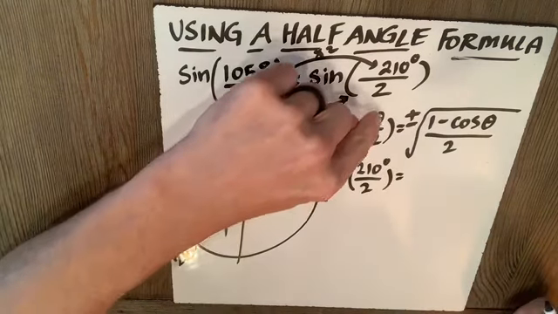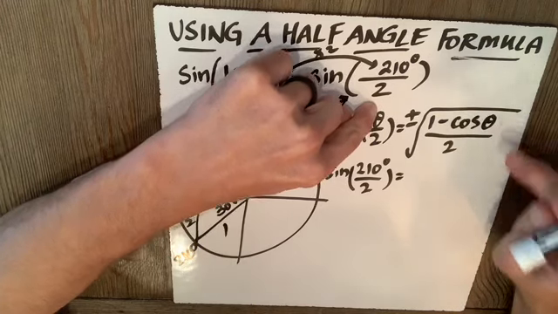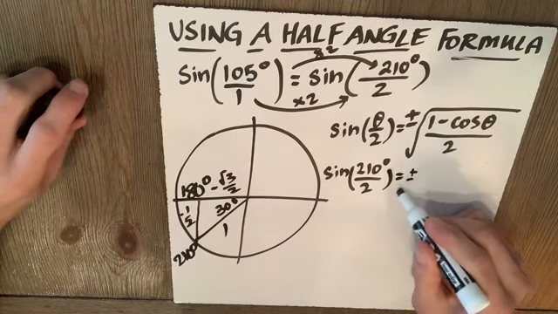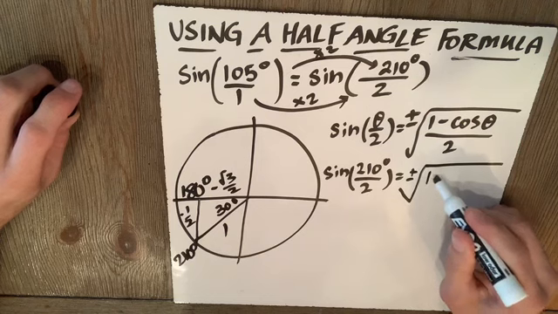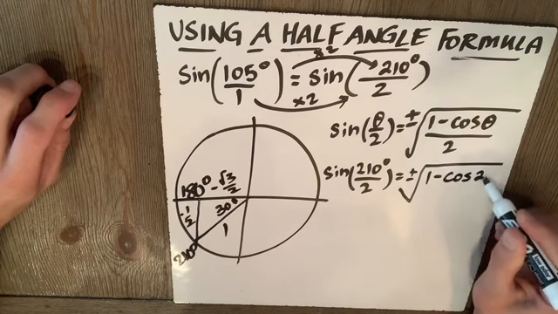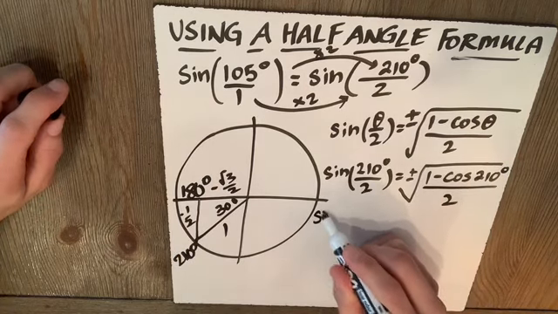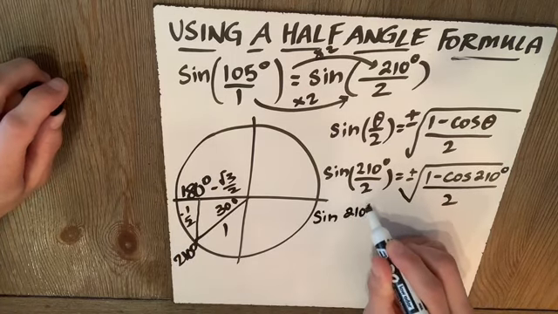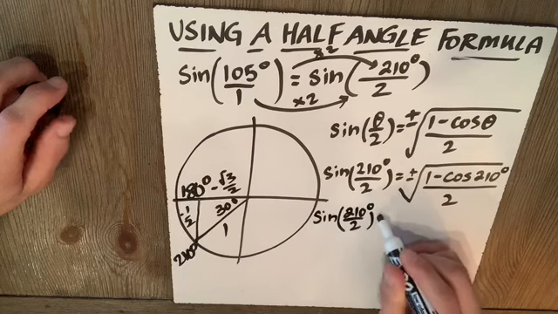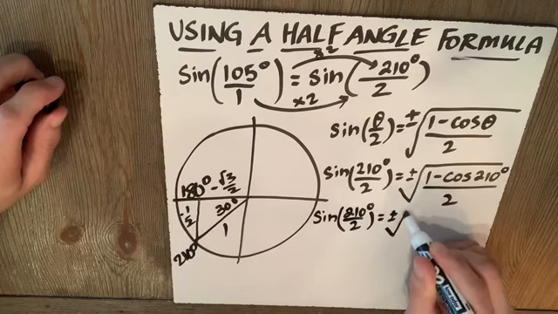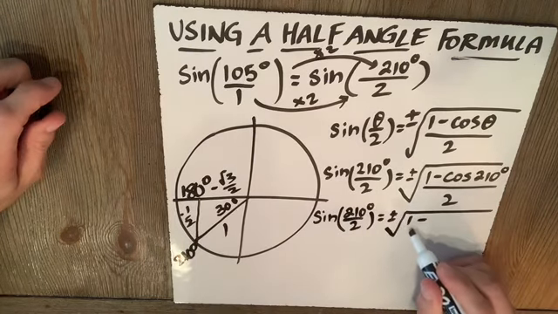Look at the formula. Whatever's in the numerator goes there. So this will be plus or minus the square root of 1 minus cosine of 210 degrees over 2, which means sine of 210 over 2 is equal to plus or minus the square root of 1 minus cosine 210 over 2.